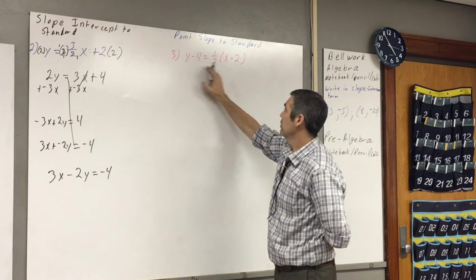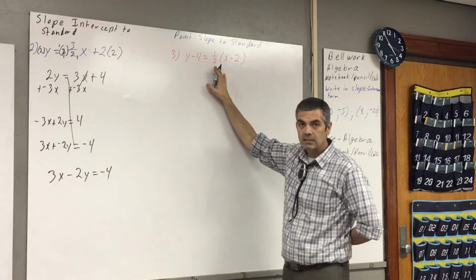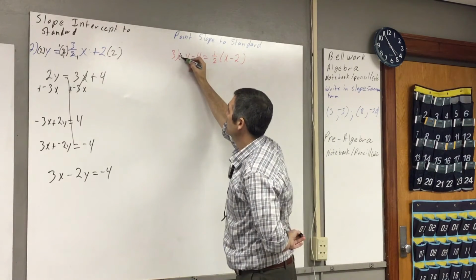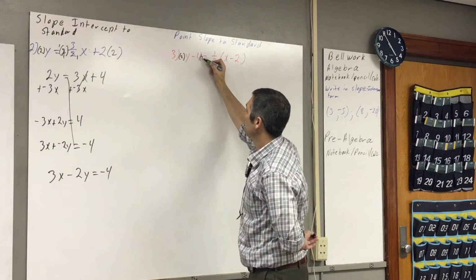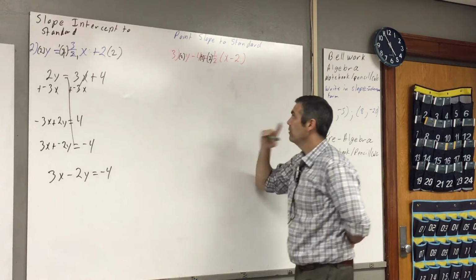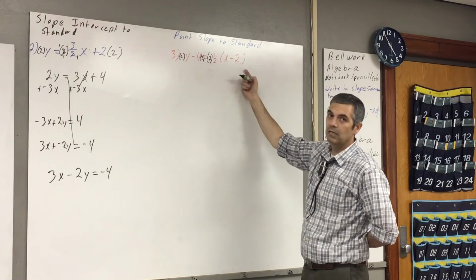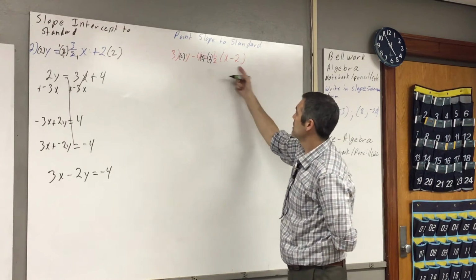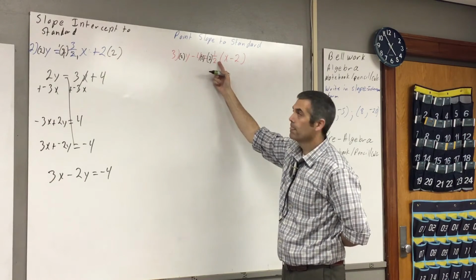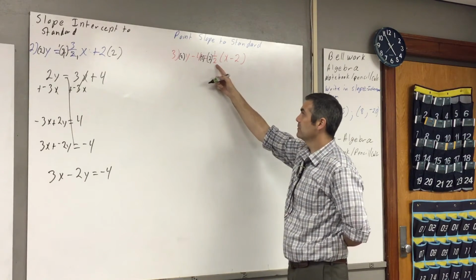Well, since there are no other fractions, the common denominator is 2. So we're going to multiply this by 2, this by 2, and then right here by 2. And now notice, I didn't multiply anything inside here by 2 because this is one term all together because it's multiplication. All right, so it's going to clear this fraction out.